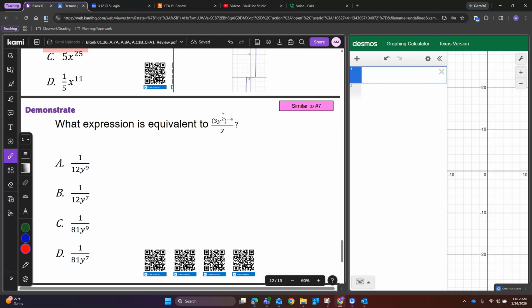So I'm going to take everything and move it to the denominator because it's negative 4. So that is going to be 1 over parentheses 3y squared raised to the 4th times y. Okay, so 3 to the 4th is 81.